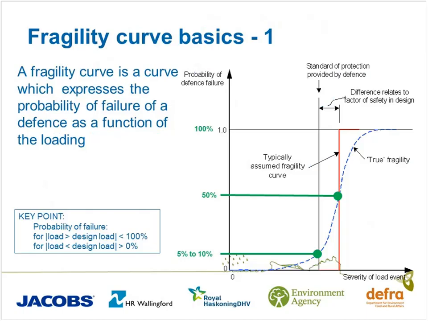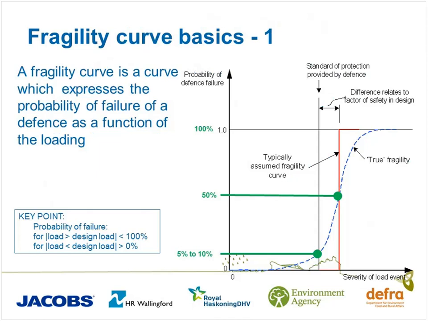So in starting this, I really just wanted to demystify a little bit the idea of a fragility curve. I think a lot of people understand that now, but very simply, it just expresses the increasing probability of failure of a defence as the load on that defence increases.